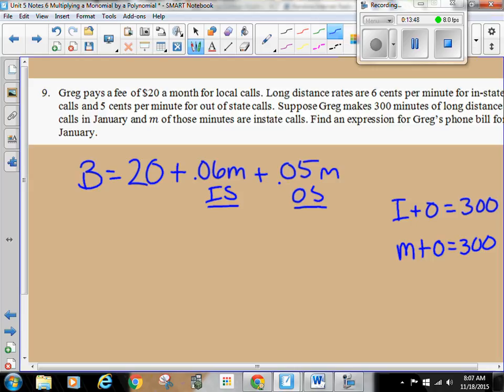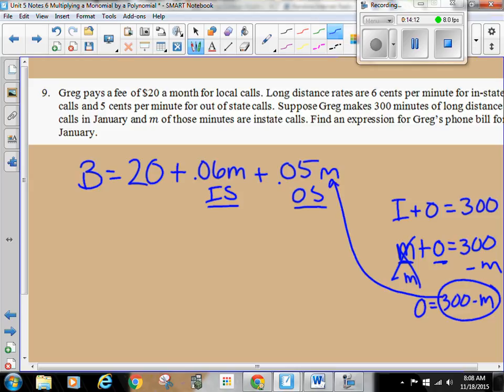All right, so we can either solve for in-state or we can solve for out-of-state calls so that we can replace either our in-state minutes or our out-of-state minutes. Let's go ahead and solve for our out-of-state calls. So I'm going to subtract M. So my out-of-state calls is 300 minutes minus M. This is going to replace there.